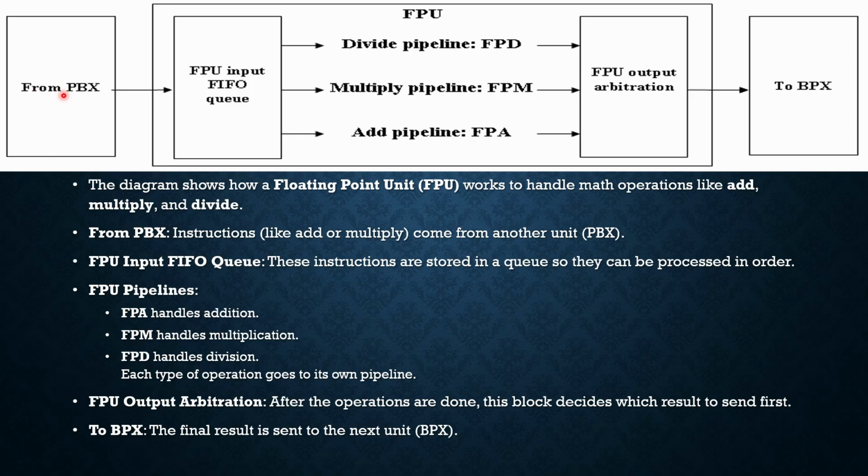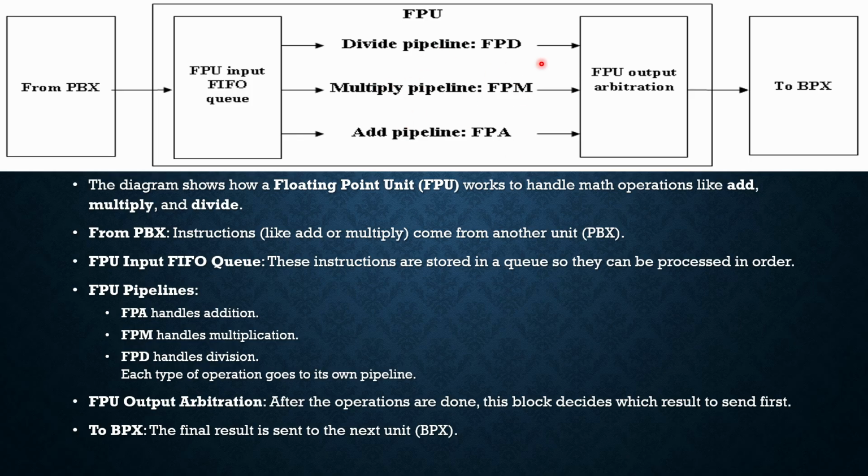The instructions to be executed come from the PBX unit, and they go into an input FIFO queue, a first in first out queue, where these instructions are stored so that they can be processed in order. The pipelines handle addition, multiplication, and division, and similar operations can be pipelined.